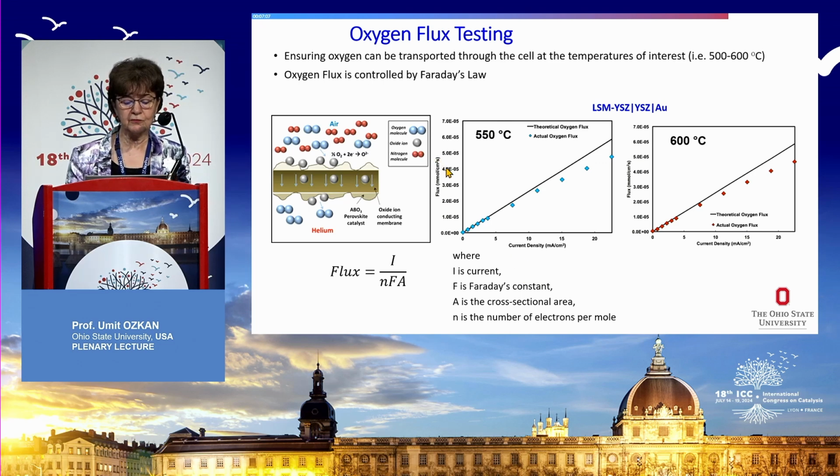We're looking at the oxygen flux, and the straight line represents what is theoretically possible using Faraday's law. And we're very close to the straight line. At higher current densities, there's some deviation, because we later found out that there was some reduction of the perovskite, but once it reaches a steady state, it is very constant.